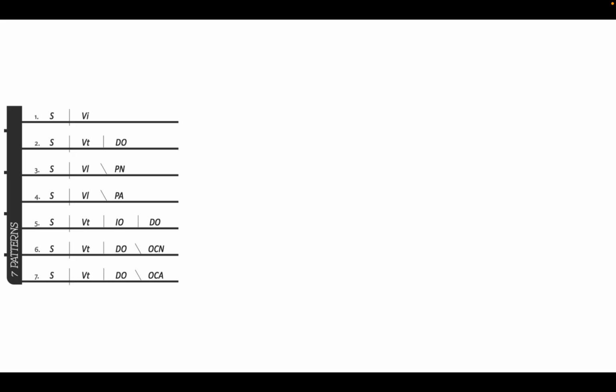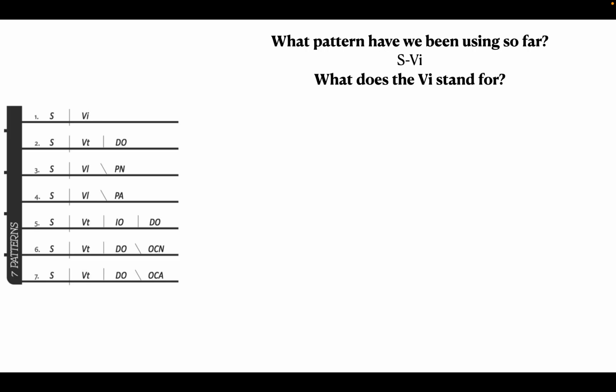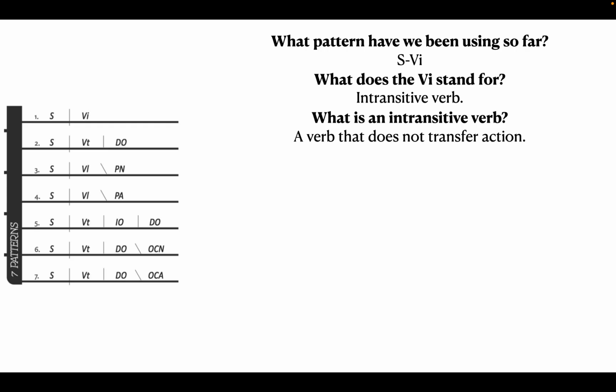All right, so what sentence pattern have we done so far? That's right, the SVI. And what does the VI stand for? An intransitive verb. And what is an intransitive verb? A verb that does not transfer action.